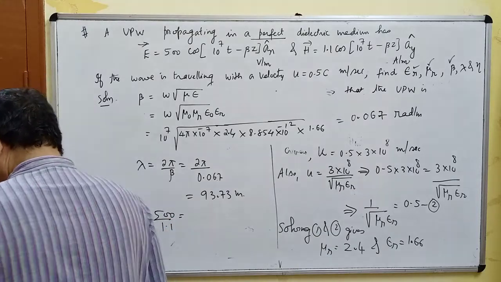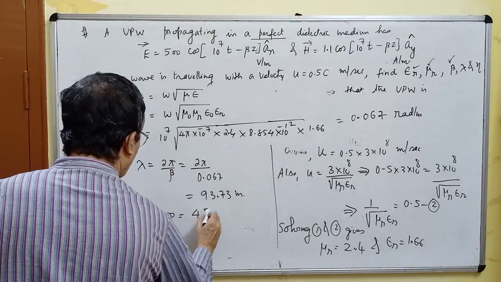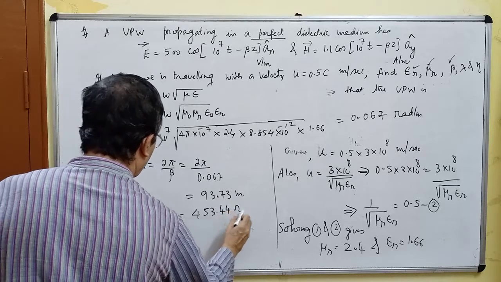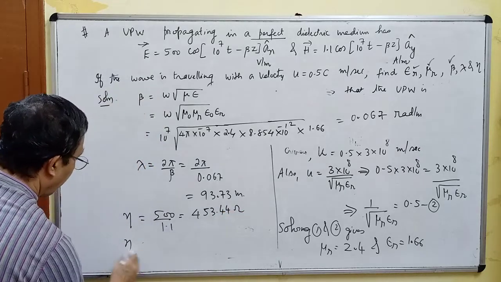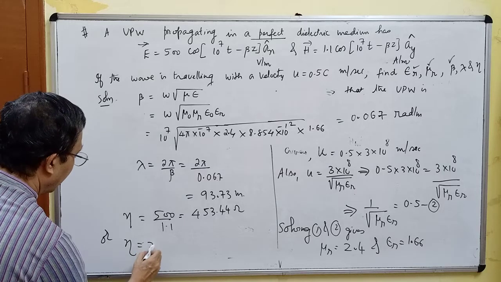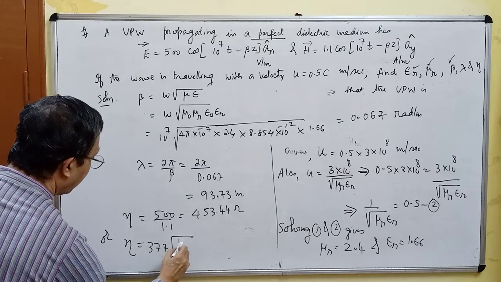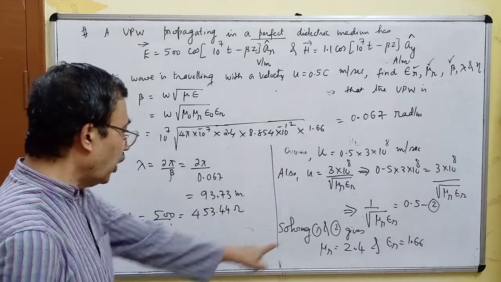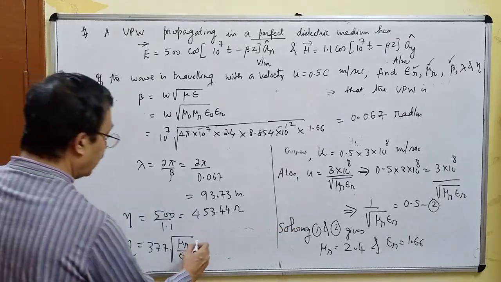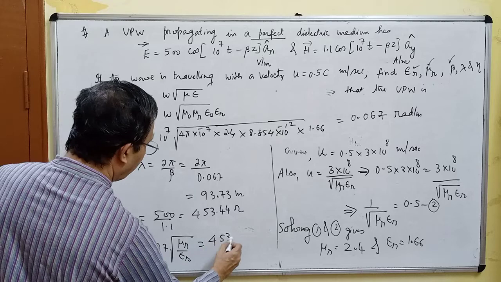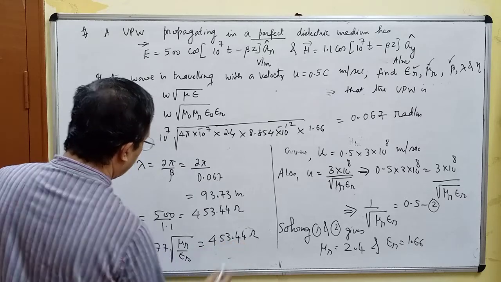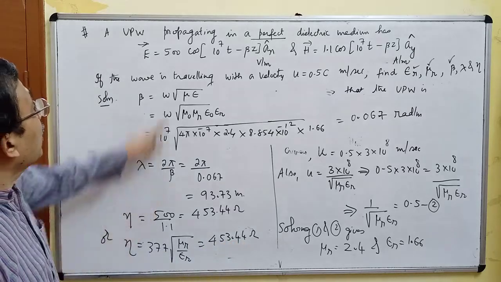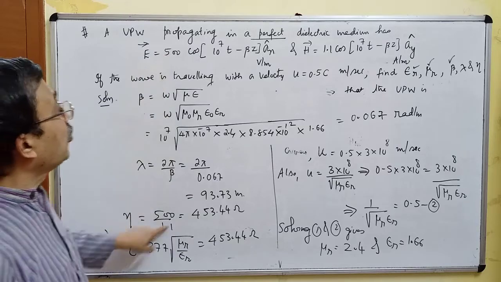This answer is 453.44 ohms. Alternatively, you can find eta as 377 into root of mu r by epsilon r. Mu r is 2.4, epsilon r is 1.66. If you substitute, you should get the same answer. 500 is nothing but Em plus, and 1.1 is Hm plus.